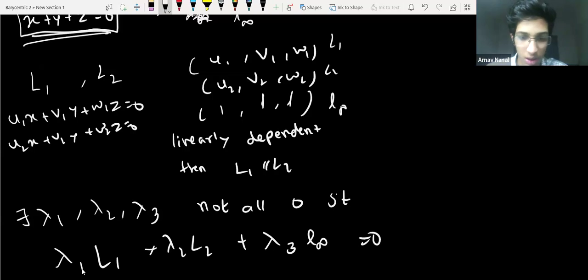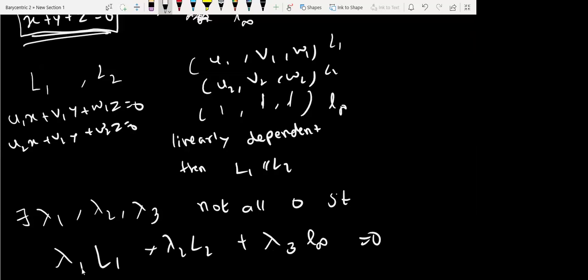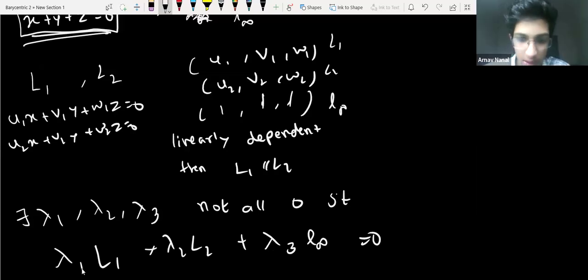Then these are called linearly dependent. Did you understand? We're multiplying each of them by a scaling factor and adding them and seeing if they all give 0. Yes, correct.